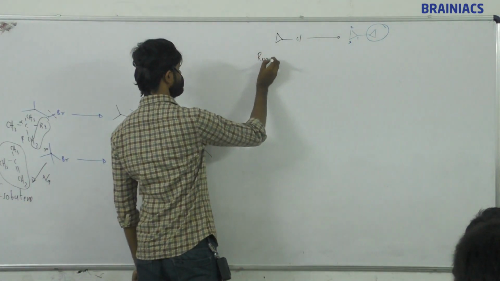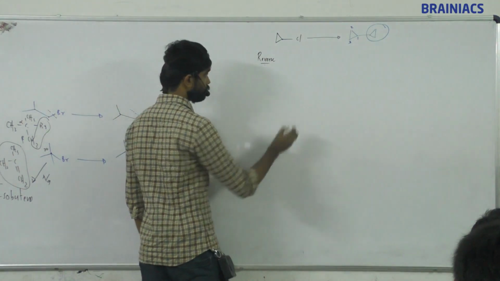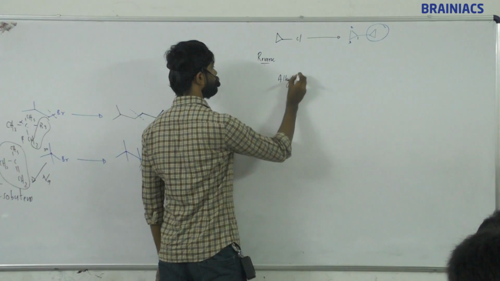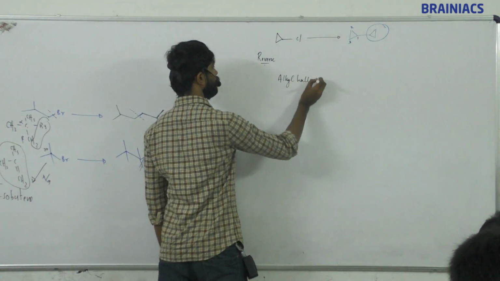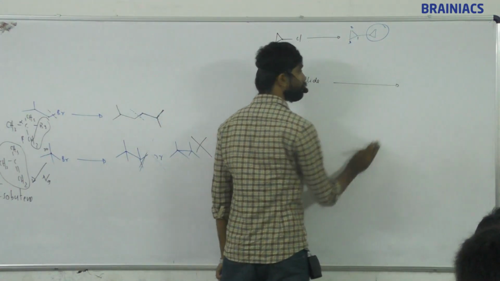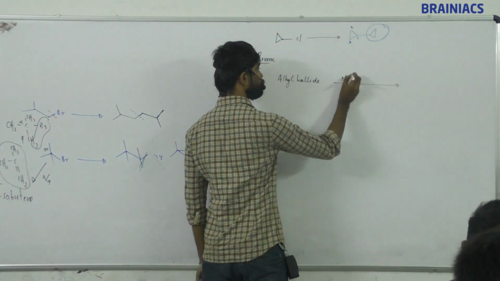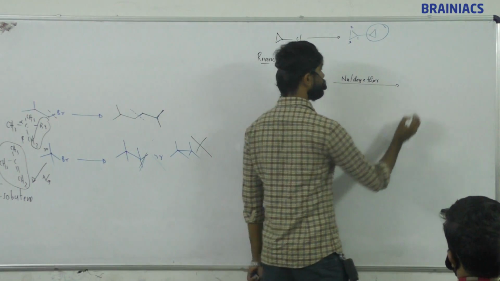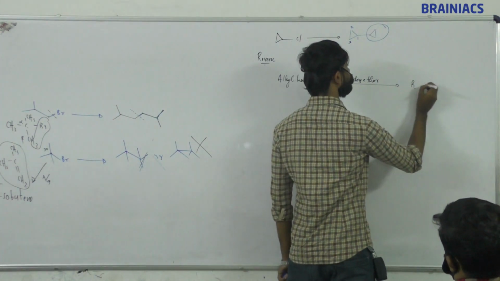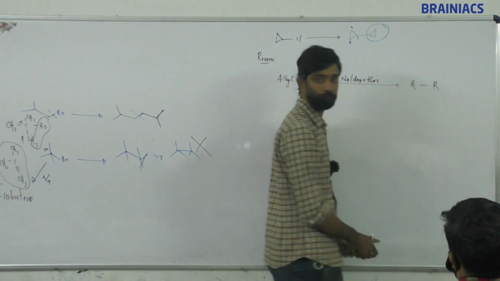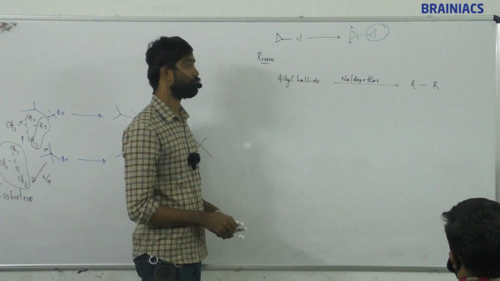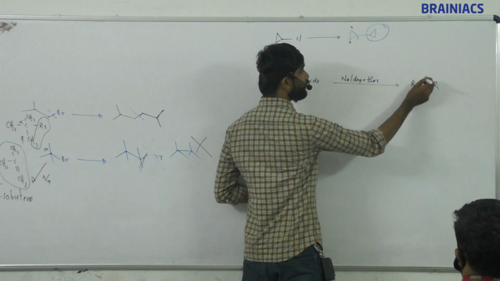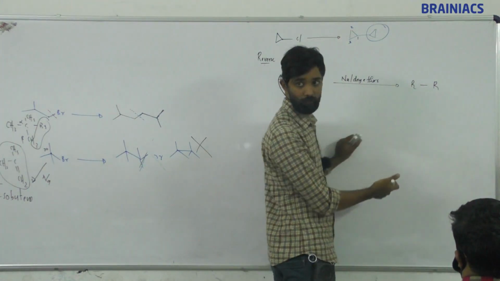The reverse concept may be asked. That is, if you have an alkyl halide which on reaction with sodium in dry ether gives an alkane, they may say that you obtain an alkane of R-R. Then you are asked to find the alkyl halide. What do you have to do? You simply cleave. The reverse may be asked.